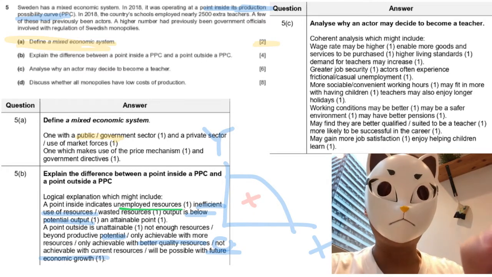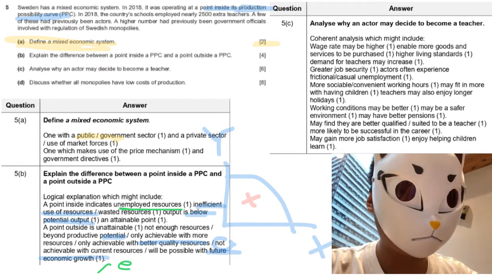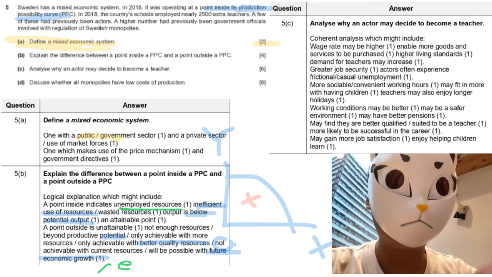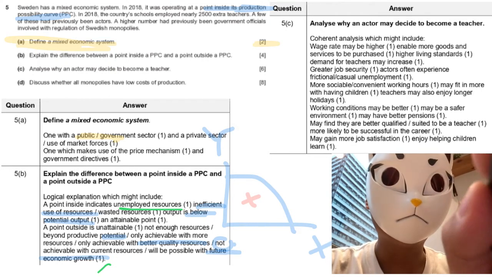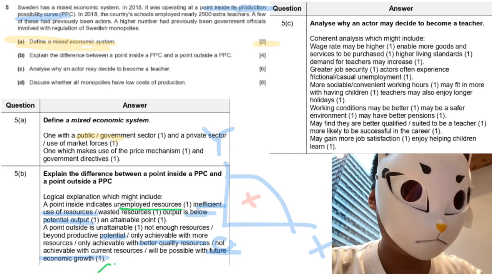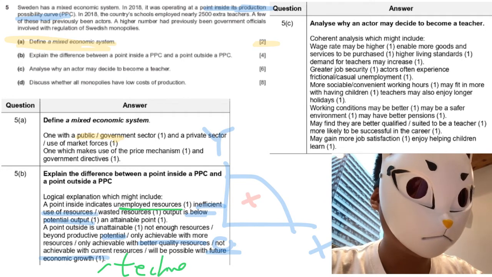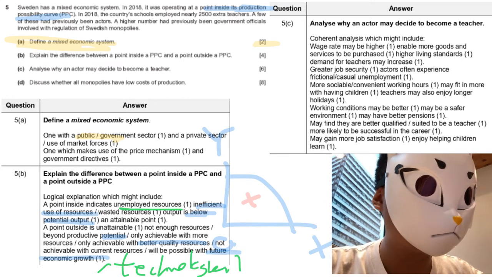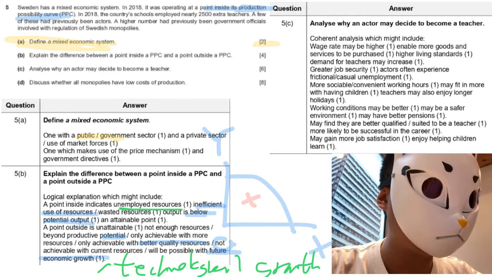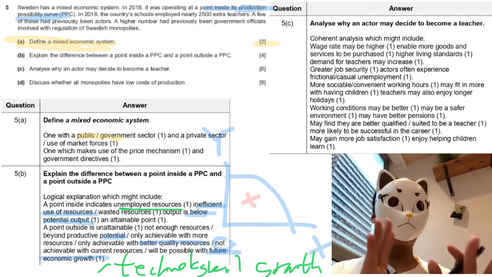So I'm adding 1. Other than economic growth, in this answer technological growth is missing, right? With technological growth you might also achieve the point outside the PPC. So that's for part B.